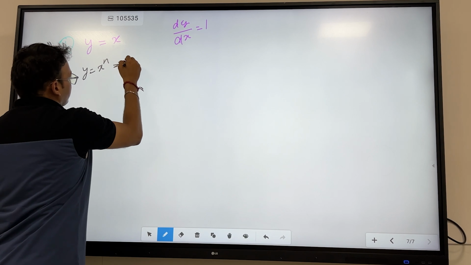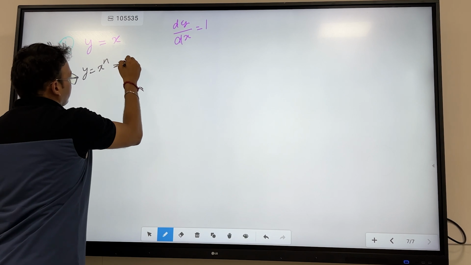So if you put it here, you can see that n is equal to 1. So dy over dx is equal to n times x raised to the power n minus 1. Put it here: 1 times x raised to the power 1 minus 1, which is 1 times x raised to the power 0, which is nothing but 1. Now from here, you can also see that we are getting the same differentiation. Is this clear to you, everyone?